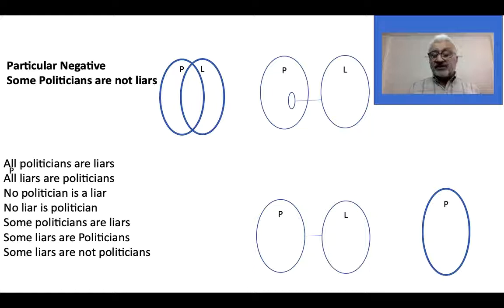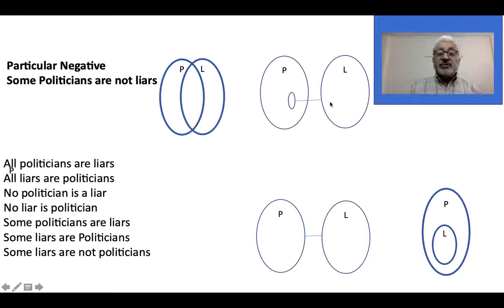Now, we've got a politician category and we have got the liars inside politicians. Is this depicting some politicians are not liars? This part of P is representing some politicians are not liars. I hope all four figures are true and you understand that all four figures are representing some politicians are not liars.